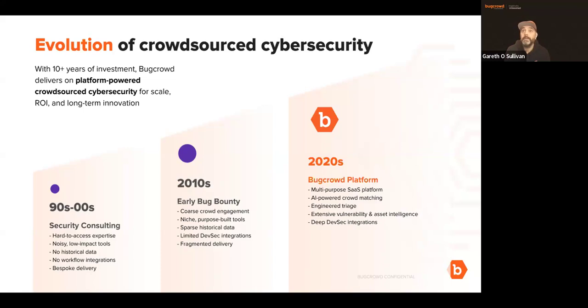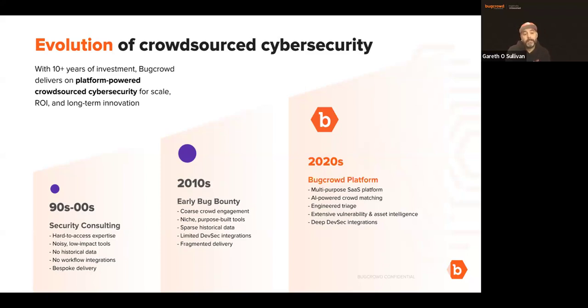So irrespective of the type of testing that you think you need, we can probably design a program that meets that requirement. It's designed to give you as much return on investment as we can possibly deliver, and we're committed to long-term innovation through that platform to deliver value back to our customers.